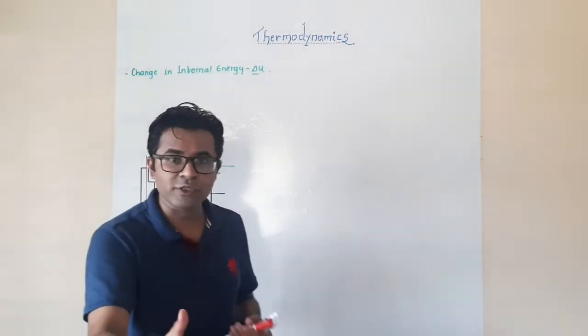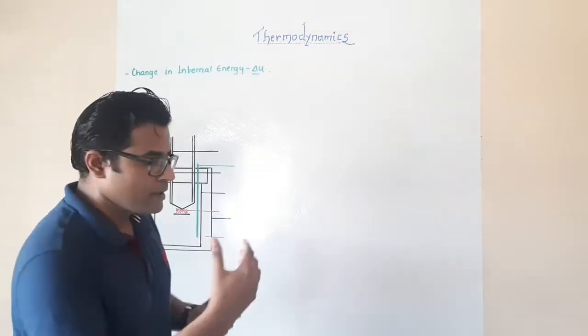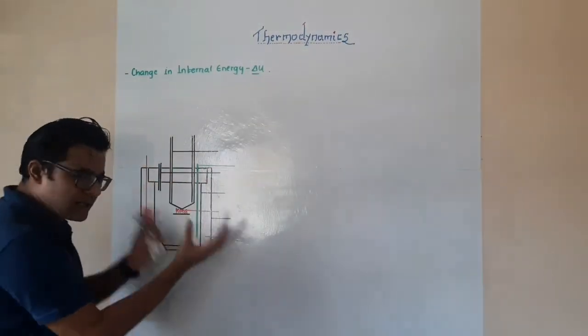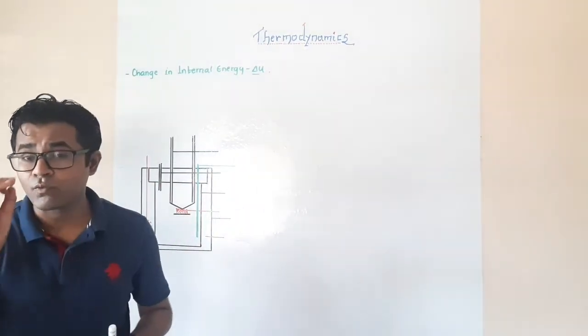We have that expression as QV is equal to delta U. So, whatever the heat changes that occur in this process, all of them occur at a constant volume.